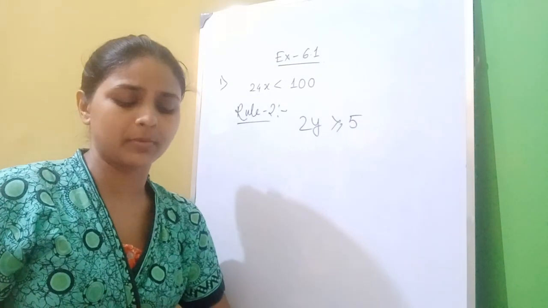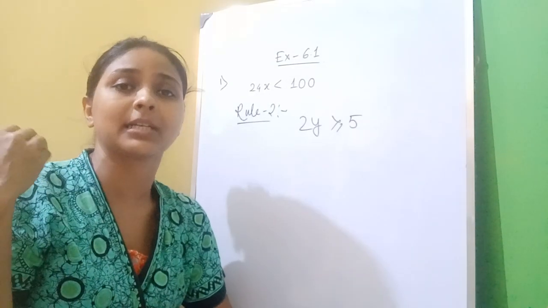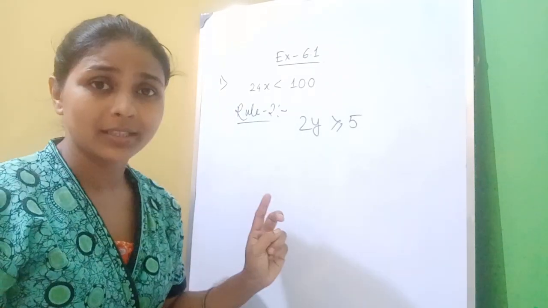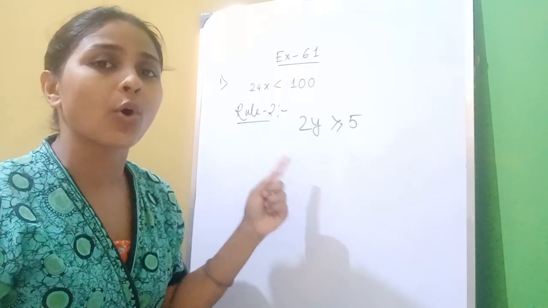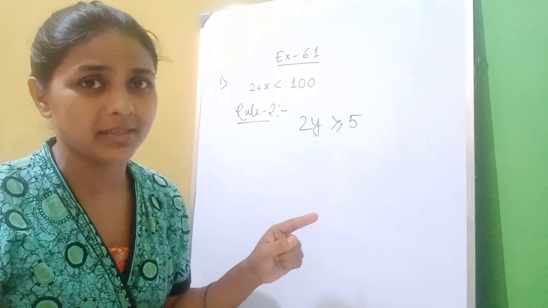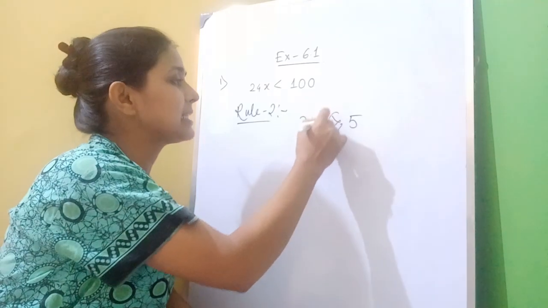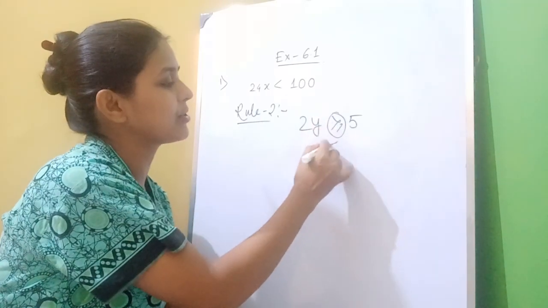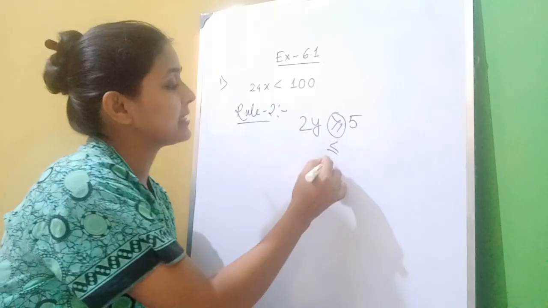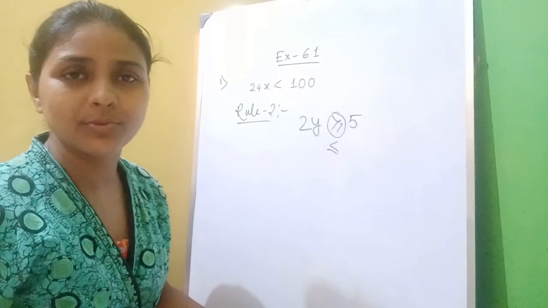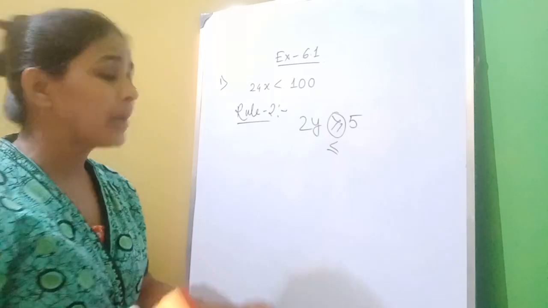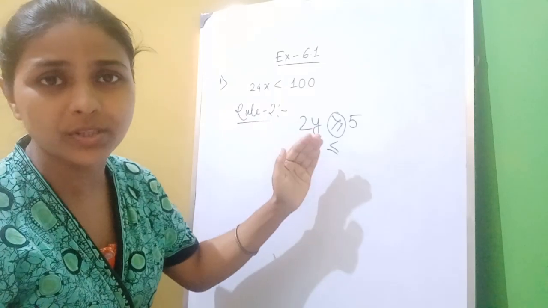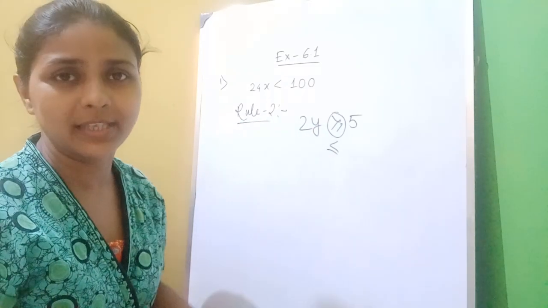The functional property will be the same if it is multiplied or divided by a positive number. But if it is multiplied or divided by a negative number, then this sign will be reversed. That means if it is greater than or equal to, it will become less than or equal to. If it is less than or equal to, it will become greater than or equal to. We will be clarifying these two rules throughout our practice session.